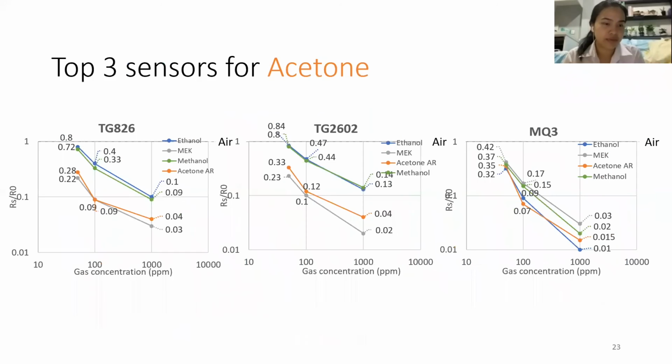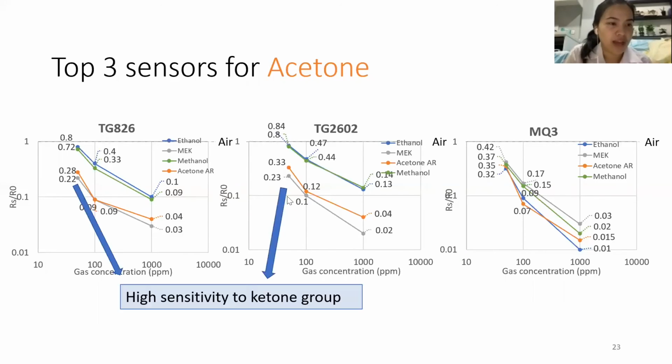From this, I compare the graph of the top 3 sensors for acetone detection. As you can see here, the first two show high sensitivity to the ketone group, because for methanol and ethanol the R ratio is very high, almost close to air.